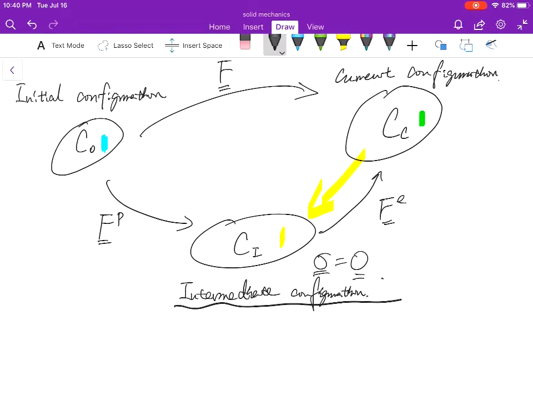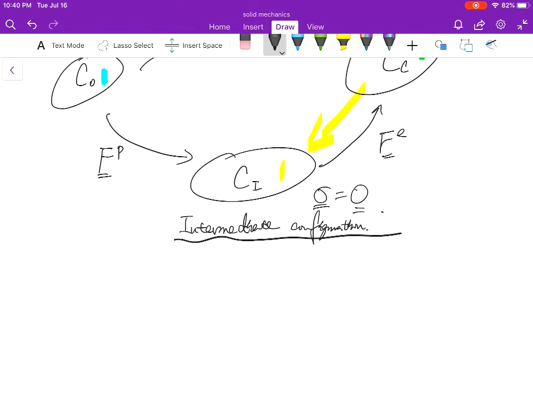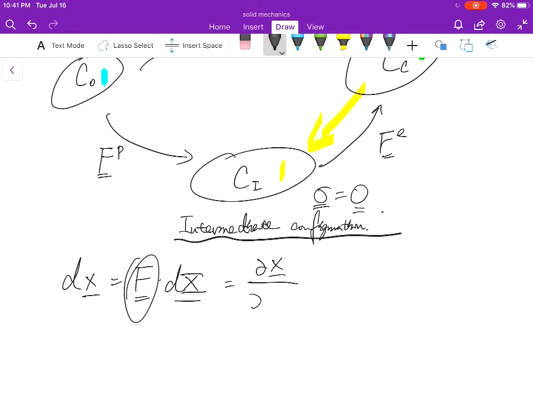So, what we can write is that an element in the current configuration is equal to a deformation tensor times the element in the reference configuration. And further, this deformation gradient tensor can be read as the partial derivative of lowercase x in the current configuration with respect to uppercase X in the reference configuration, times the uppercase X here.